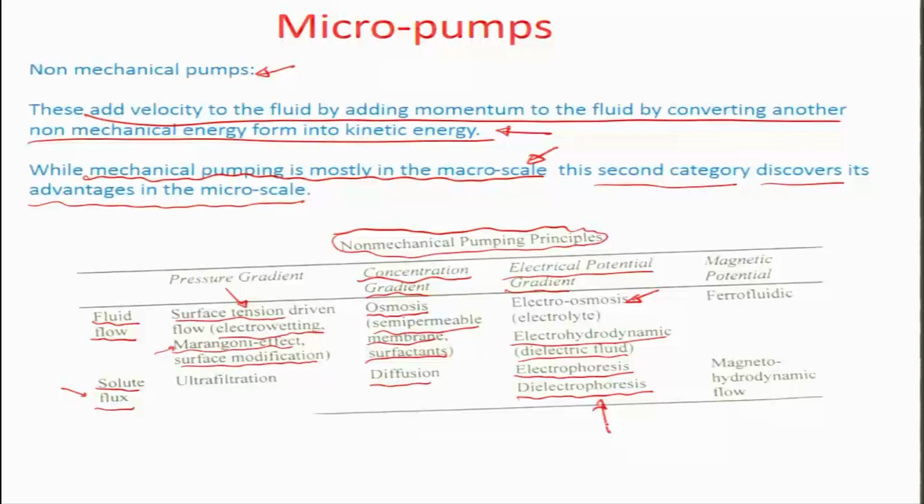So, these are different electrically applied gradients where potential difference would be the cause of movement for, in some cases, solute flux, or in some cases fluid flows.